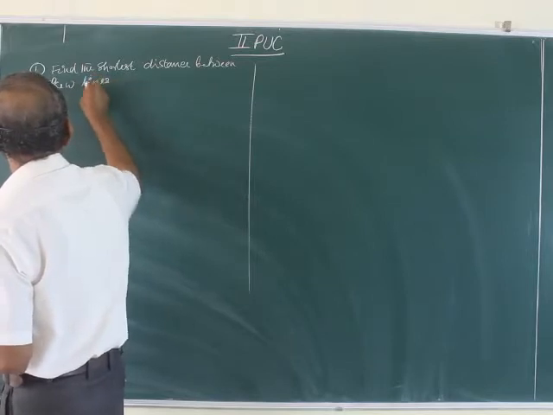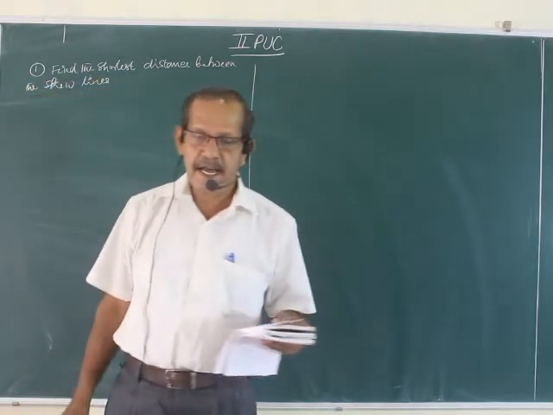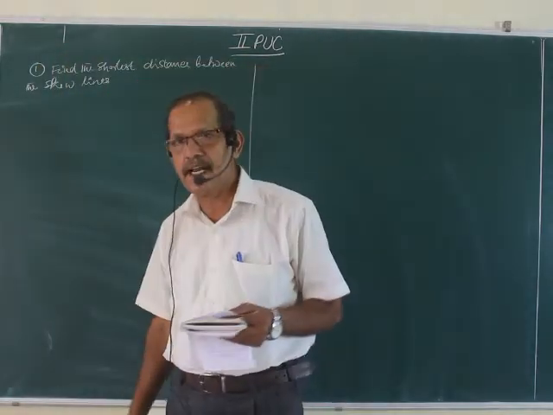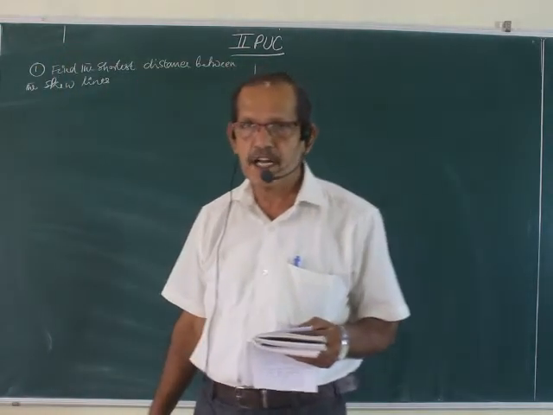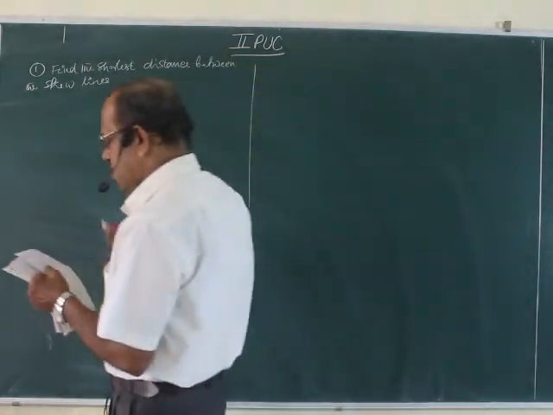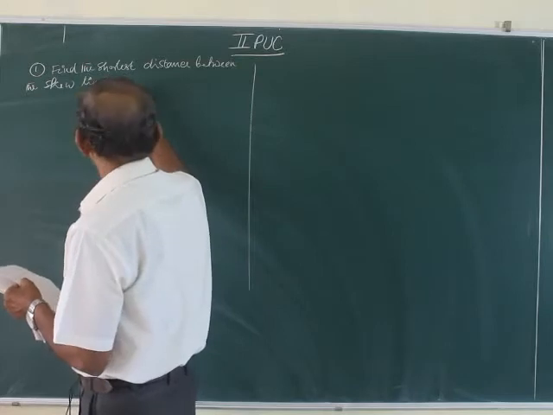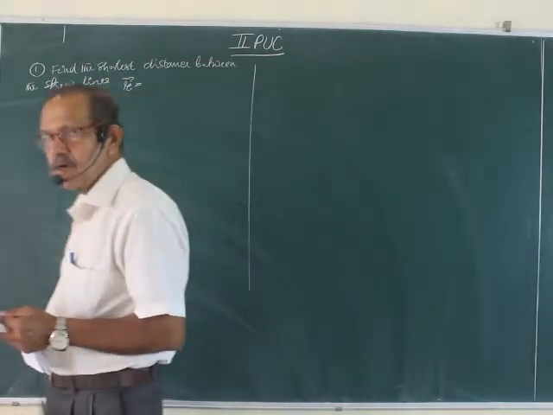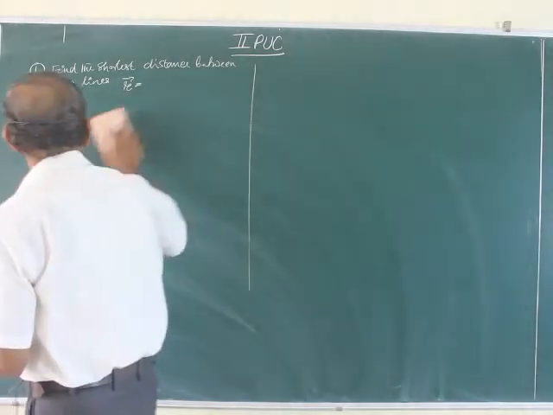You know, skew line means they are neither parallel nor intersecting straight lines in three-dimensional space. Okay, right. Shortest distance between the skew lines, equations let me write.